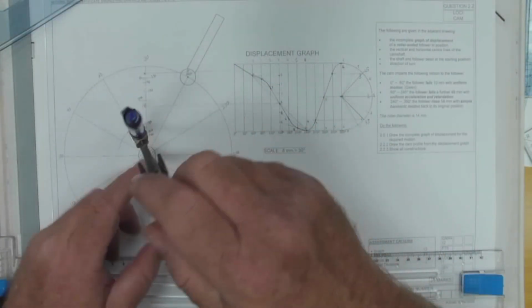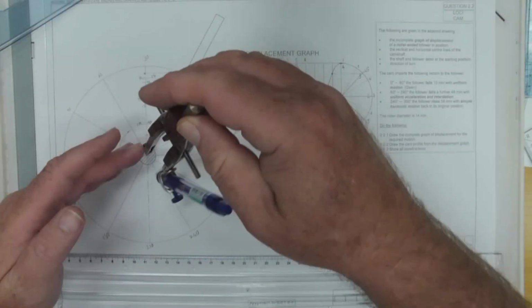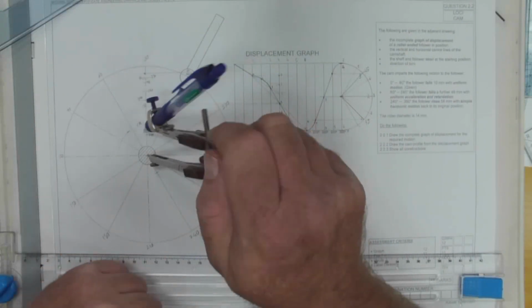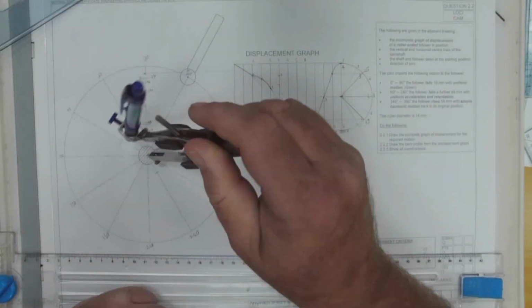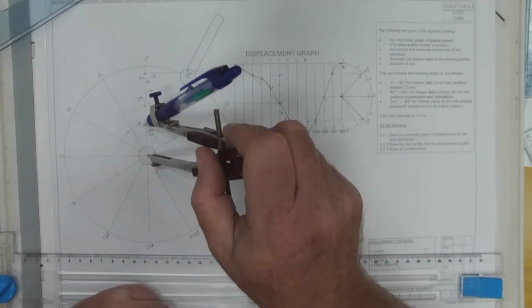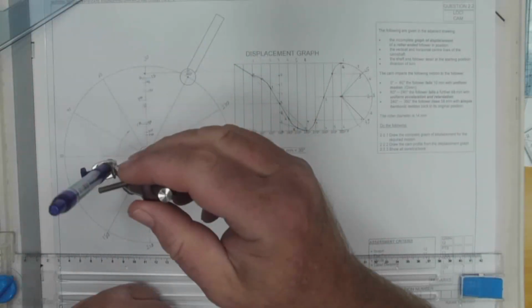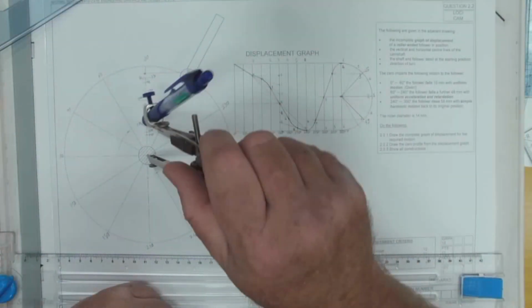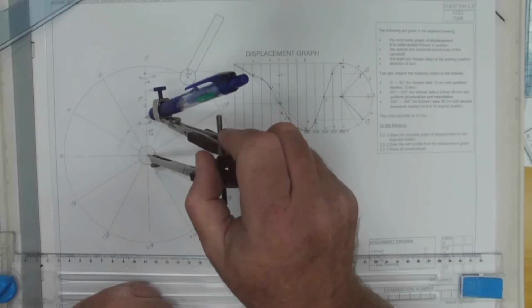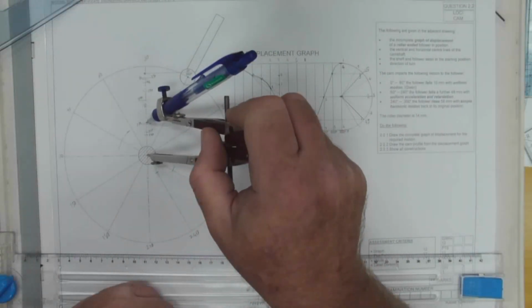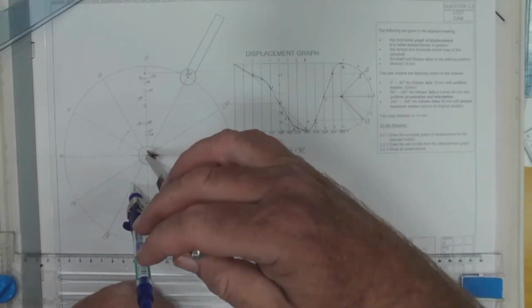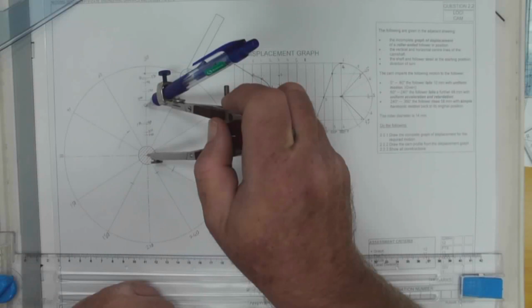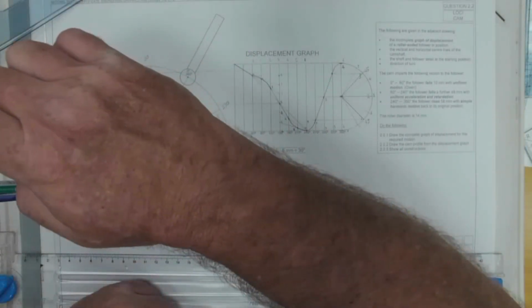So there's 240, I can just mark that off at 240. 210. 270. 180. 150. And we're just marking these all the way around.